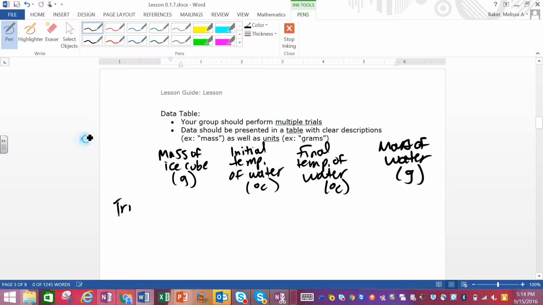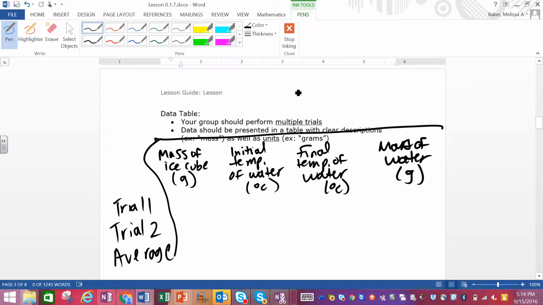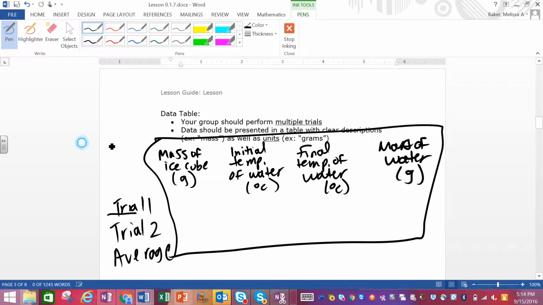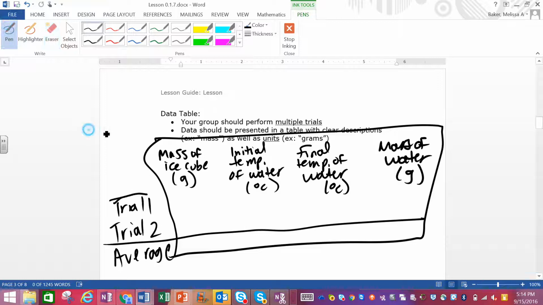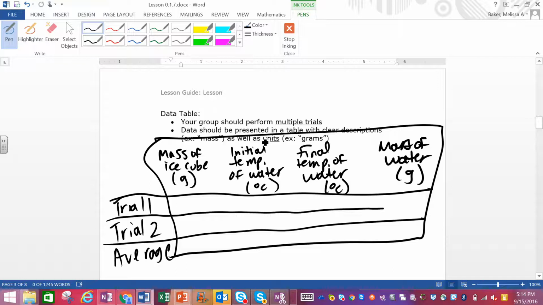And then I did trial number 1, trial number 2, and included a spot for the average. So I'm going to sketch this out. This is definitely not enough space. Okay, I hope I can write small enough in here.